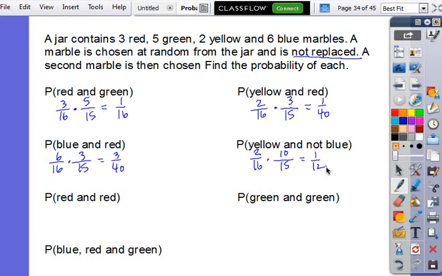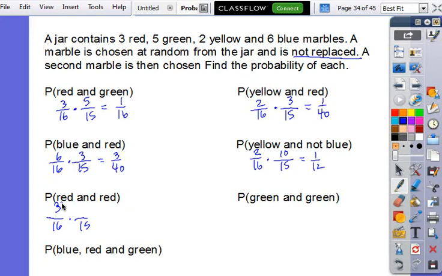Go down to red and red. If I'm looking at red and red, well, I know it's got 3 reds out of 16, and I know it's going to go down to 15. I had 3 reds, and I took one of them out.